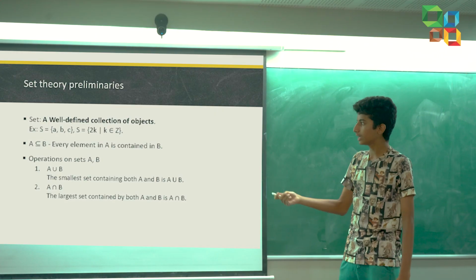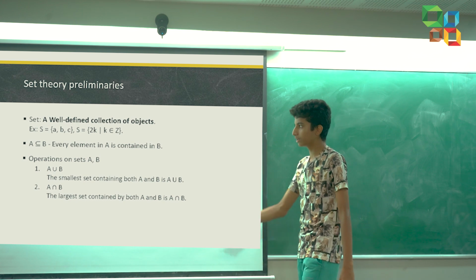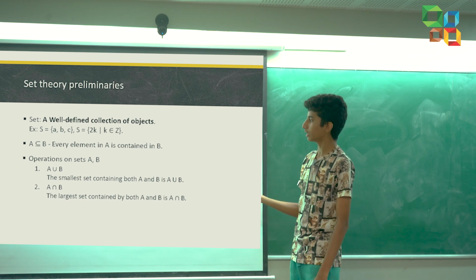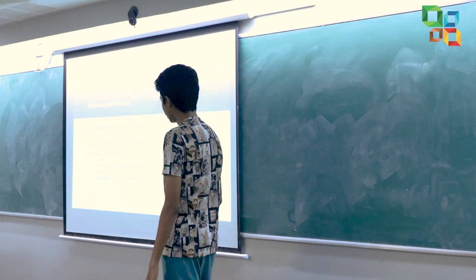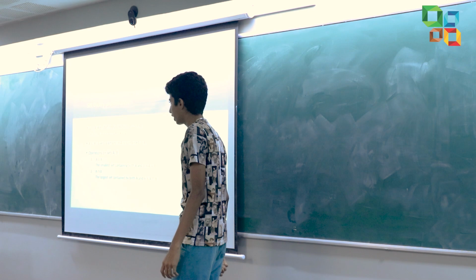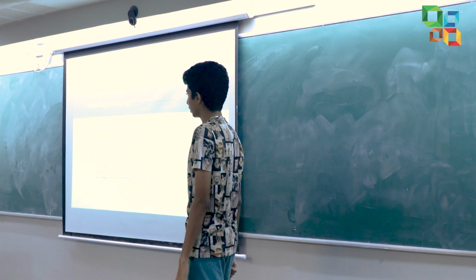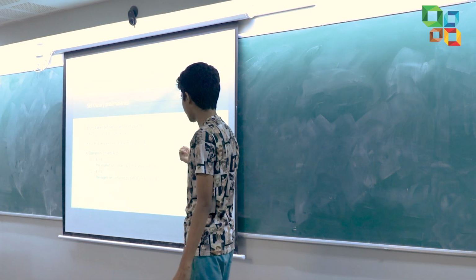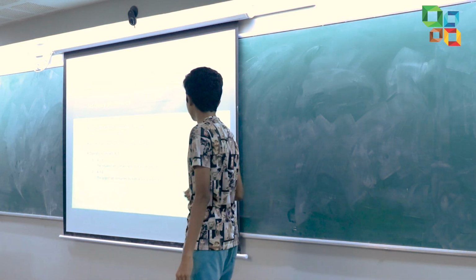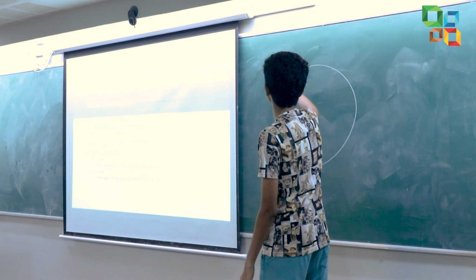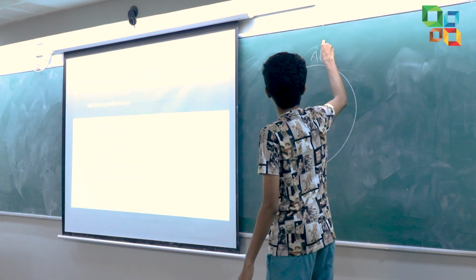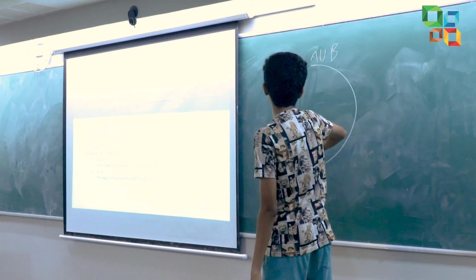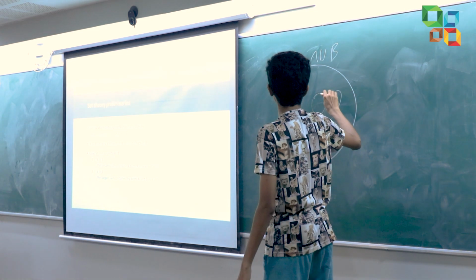Then A is a subset of B. This symbol is called subset. It means every element in A is contained in B. The operations on sets A and B are A union B, the smallest set containing both A and B. It contains all the elements of A and B, and nothing else.